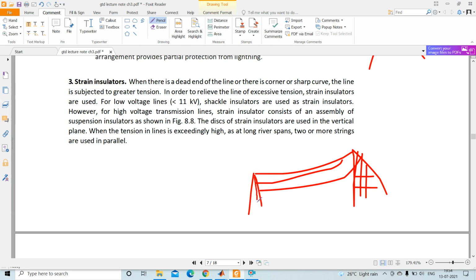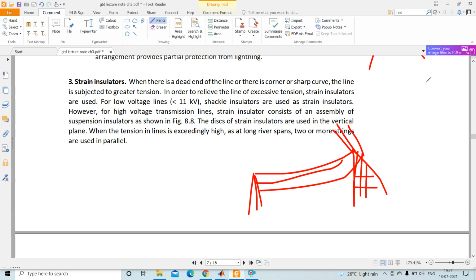Now I want to extend these three conductors in this direction, I want to change direction. So when there is a dead end of the line, or a corner, or a sharp curve, the line is subjected to greater tension.